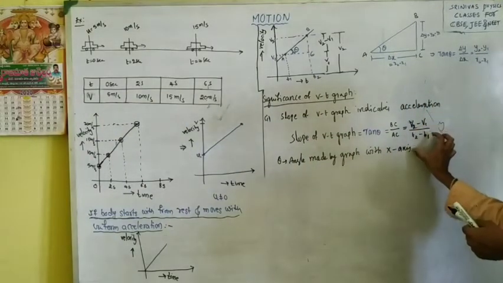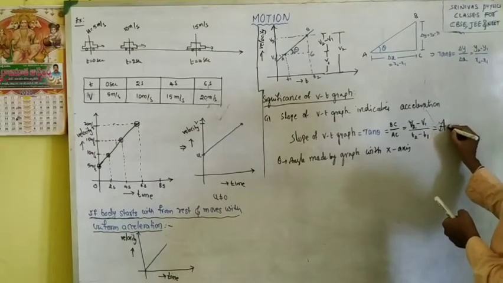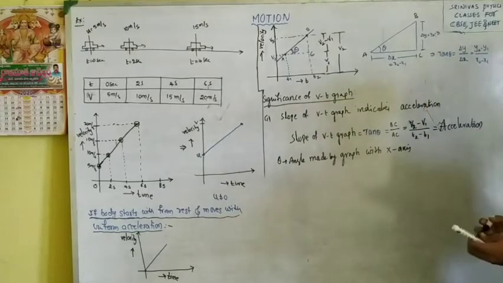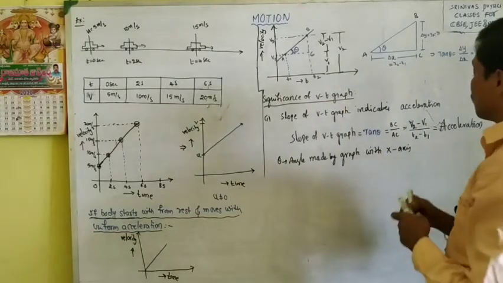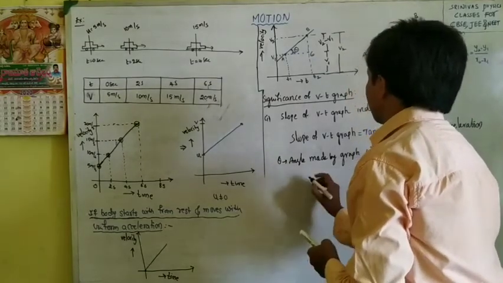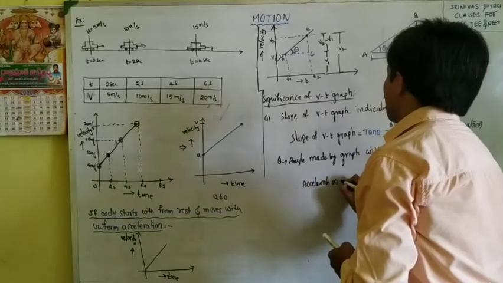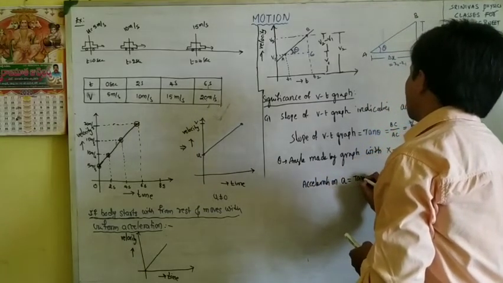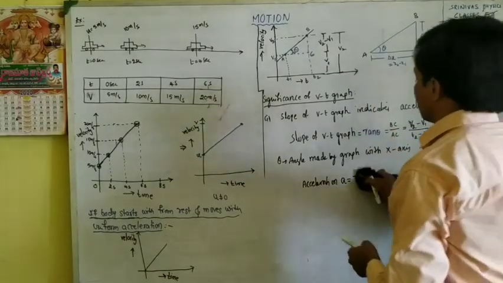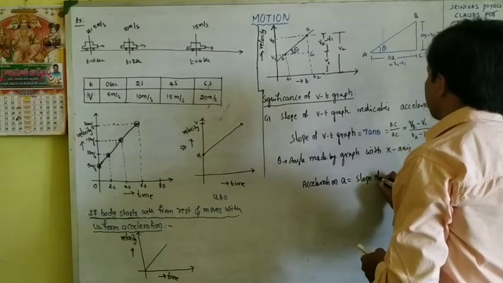This is change in velocity by time, right? What does change in velocity by time indicate? It indicates acceleration. Very simple, right? That means if you find the slope, it shows the acceleration. That is, acceleration is equal to tan theta, or we write slope of the VT graph.